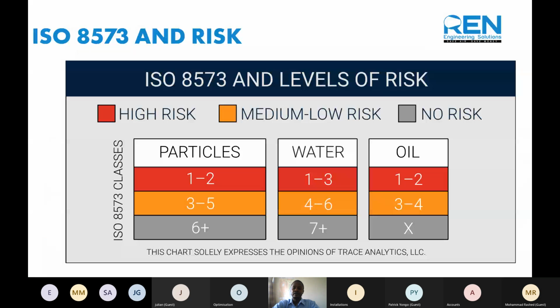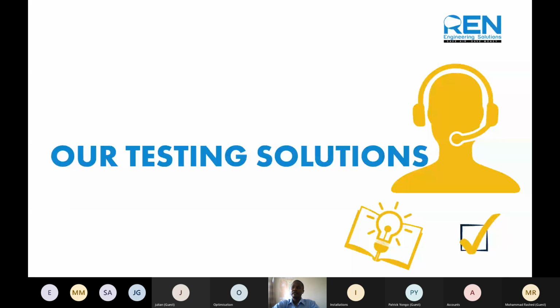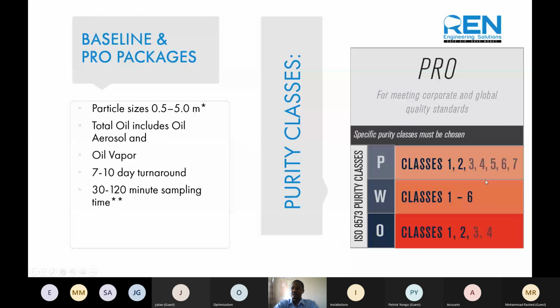Mohammed, I see your question about which guideline allows this duration. So the sampling time is determined by the quality class to which you want to test. For example, if you want to test for class 1 for particles and class 1 for oil, then the amount of time you need to take the sample will be longer.